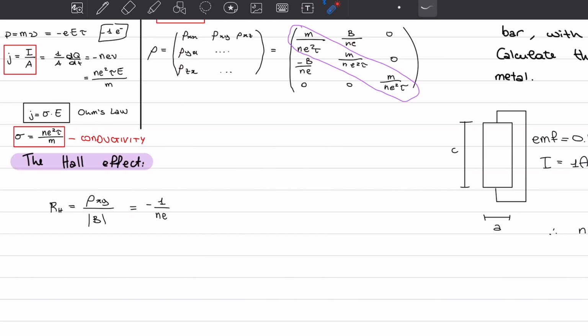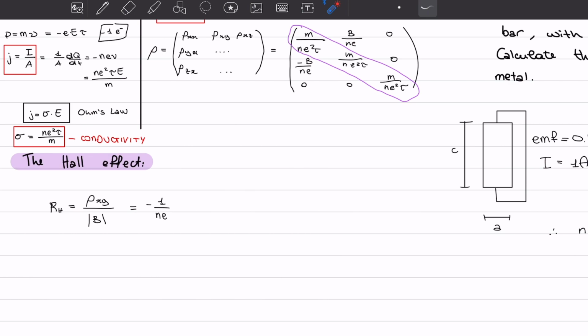The Hall effect is important because it's used in metals, and it's used in many questions; we'll see an example later which uses the Hall effect as well. But basically it's when the magnetic field is applied perpendicular to a current flow.